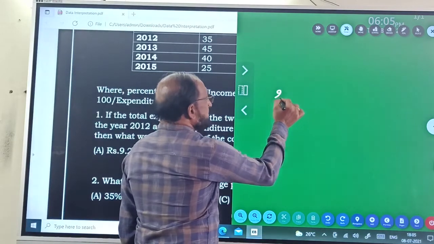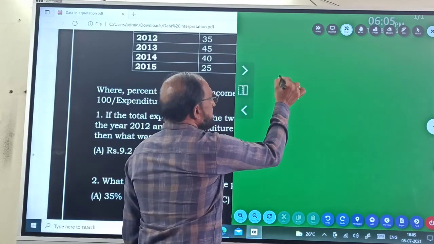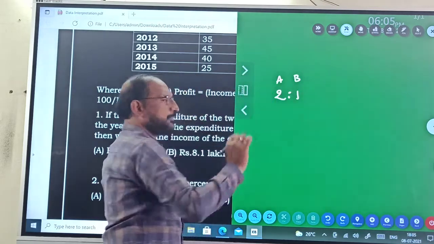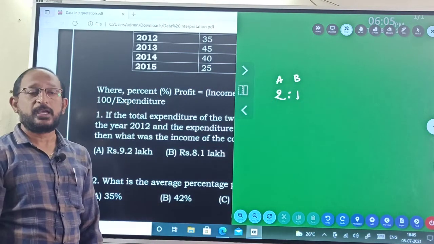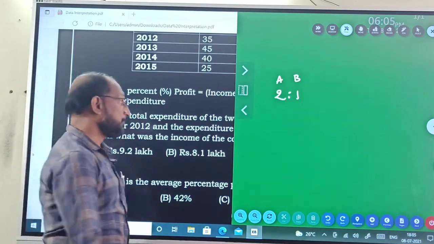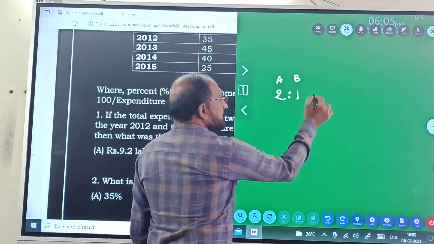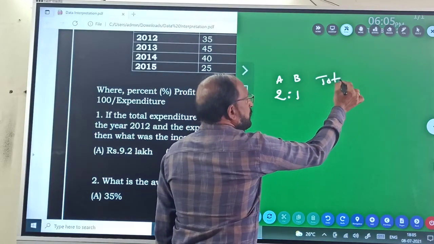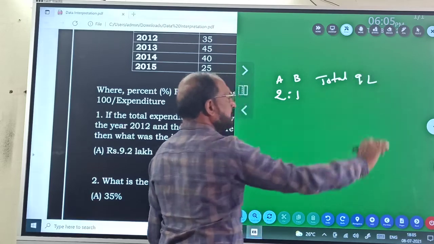The ratio of A and B expenditure is 2:1, and the total expenditure was 9 lakh. We have to find the income. See how to find it. Ratio is 2:1, this is A and B. The total is 9 lakhs, so it splits as 6 lakh to 3 lakh.